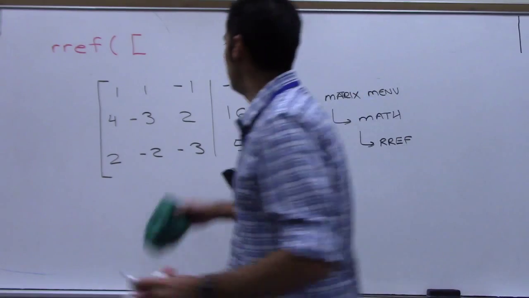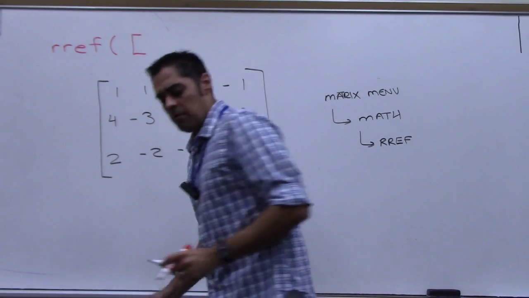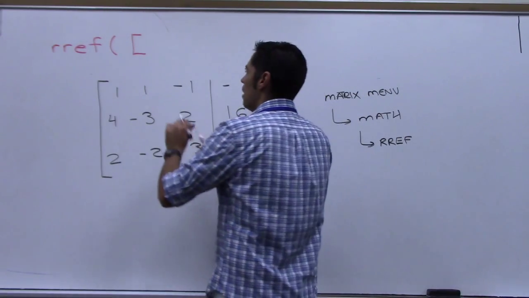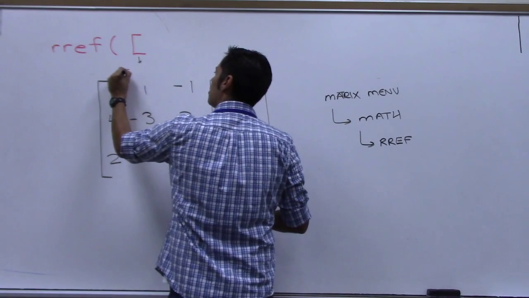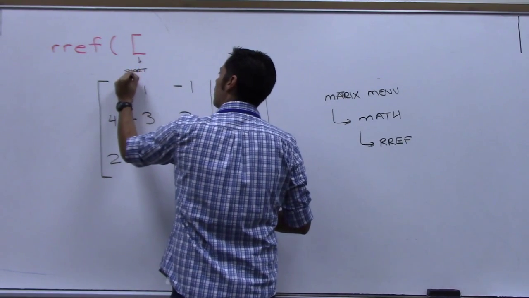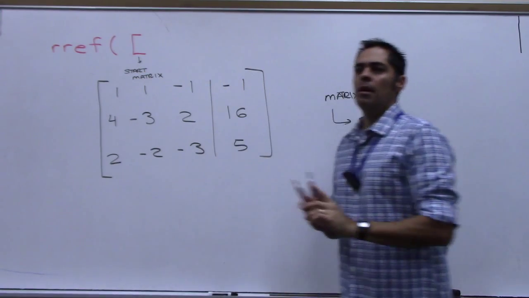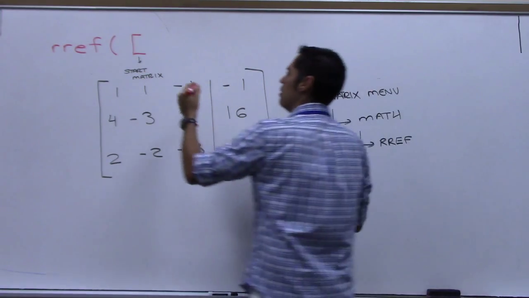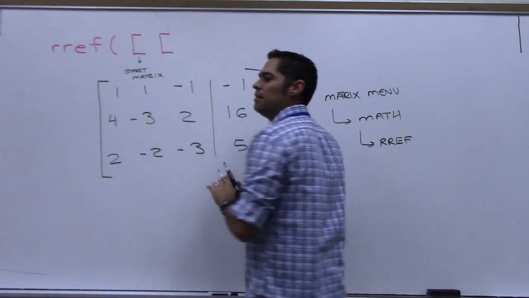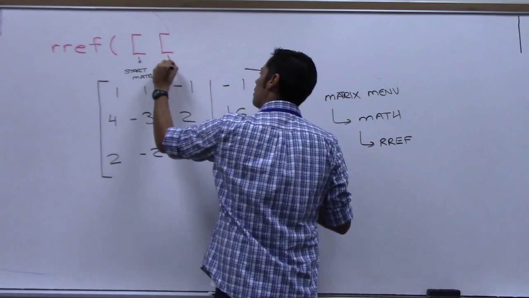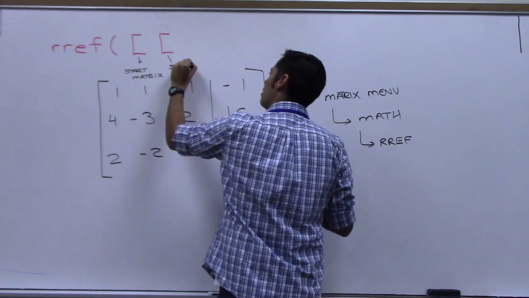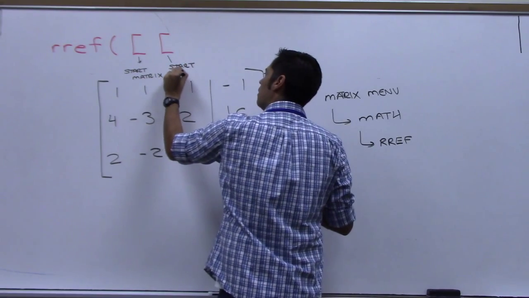Now let me tell you what this means to your calculator. What you just told your calculator is that you are going to start a matrix. All right? Then another bracket. This second bracket tells your calculator you're going to start row 1.